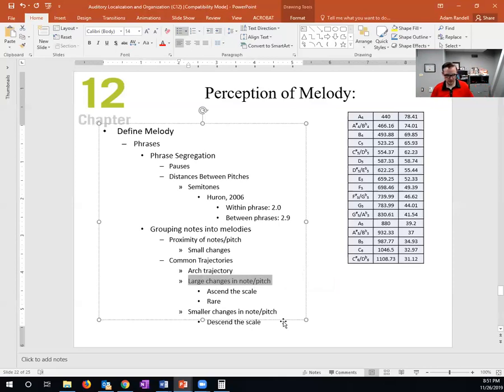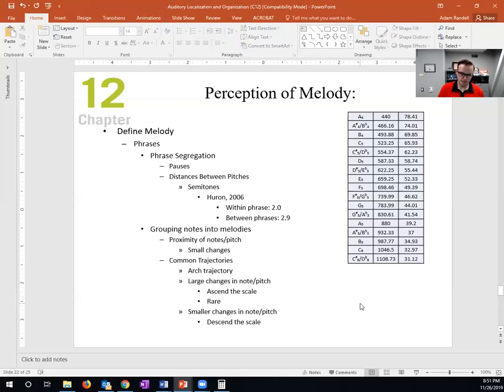And we perceive everything before that as a phrase. When we see smaller changes, they're usually descending, and we perceive those as a phrase.